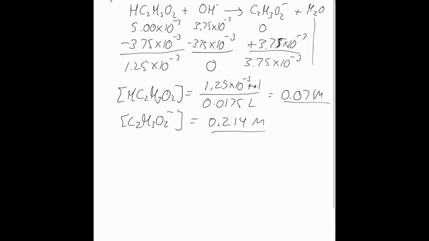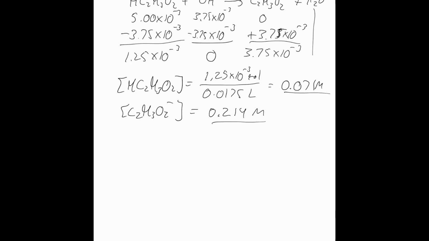Now we could use the ice table and solve this, and it would work just fine. But we want to plug into the Henderson-Hasselbalch equation. So pH equals the pKa, 1.8 times 10 to the minus 5 is the Ka, plus the log of the base, 0.214, over the acid, 0.071.